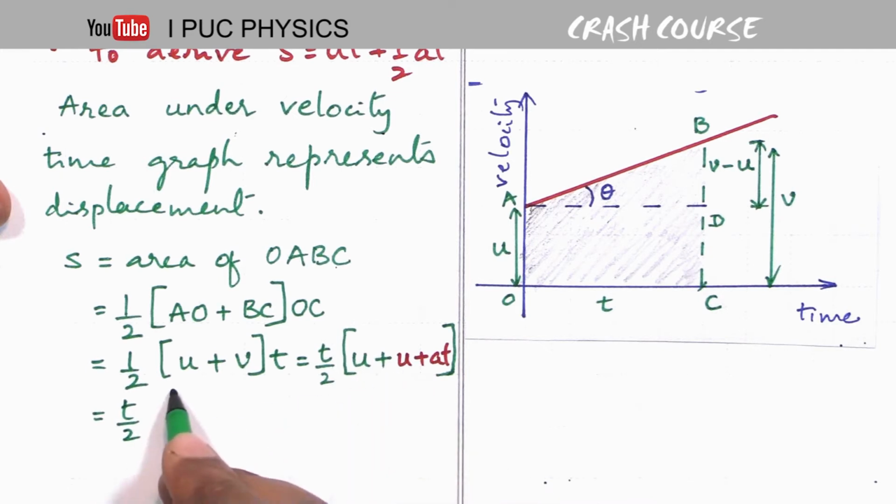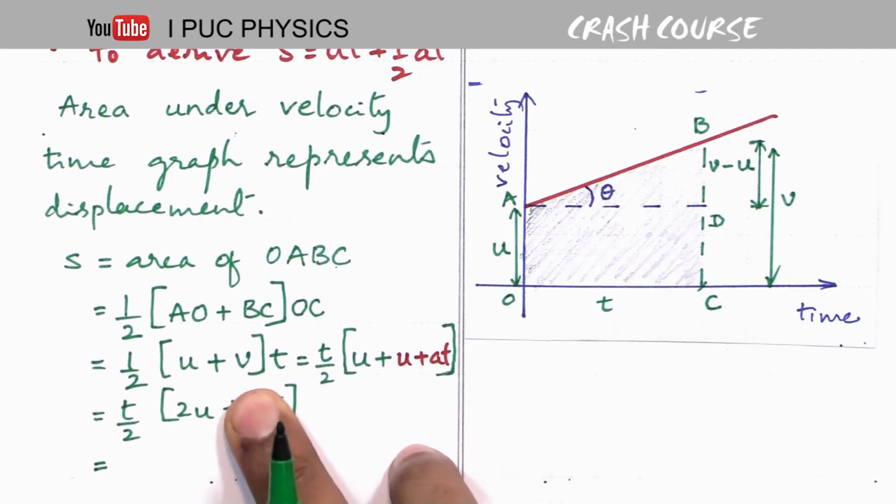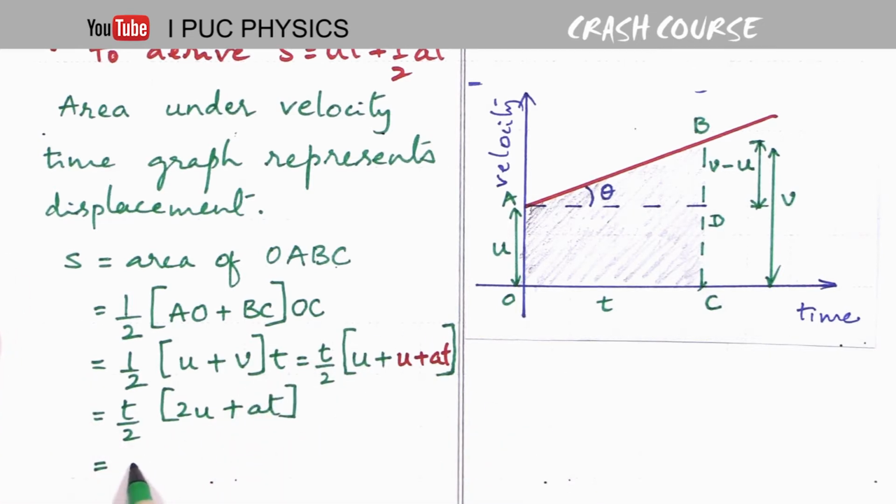u plus u is 2u plus at. The 2 gets cancelled, ut plus t into t square, half a.